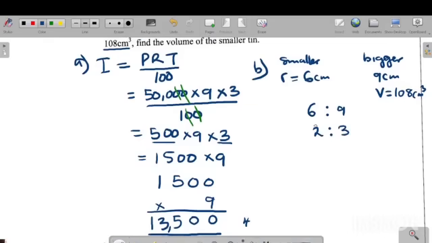After doing that, because you are looking for the volume, remember that volume is measured in cubic units.